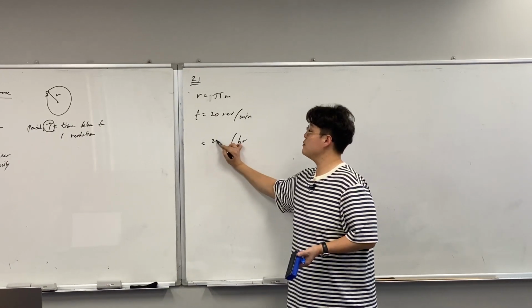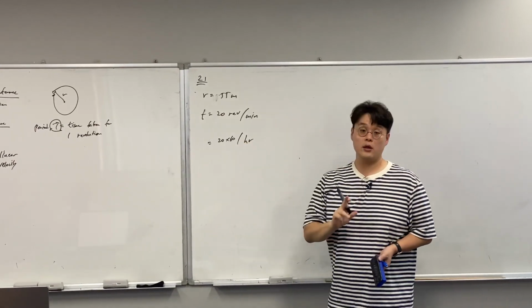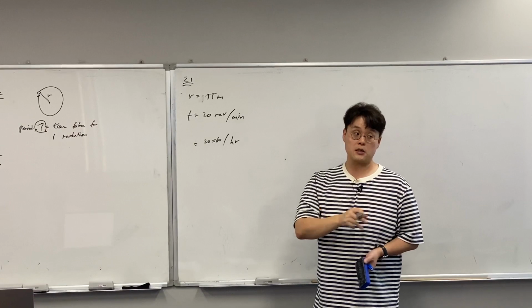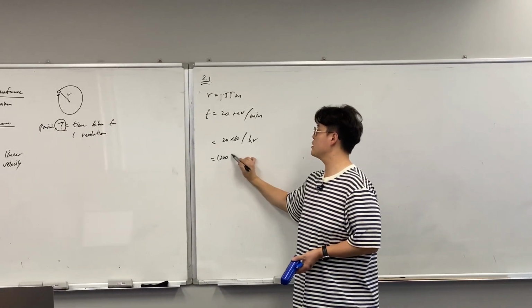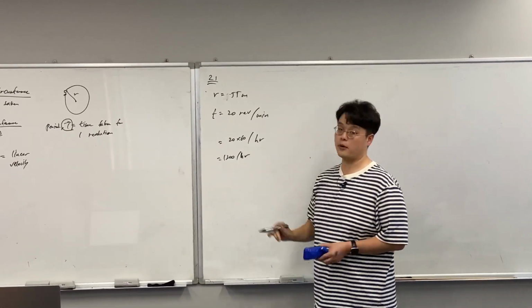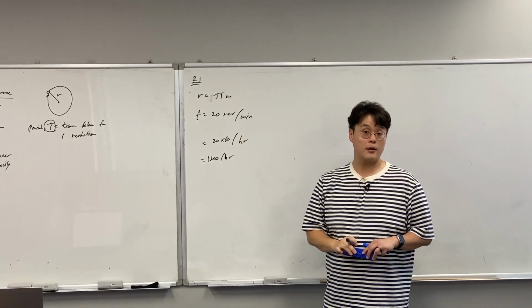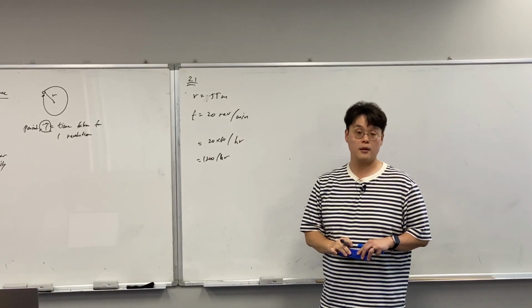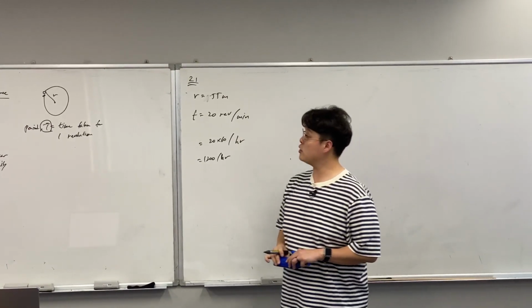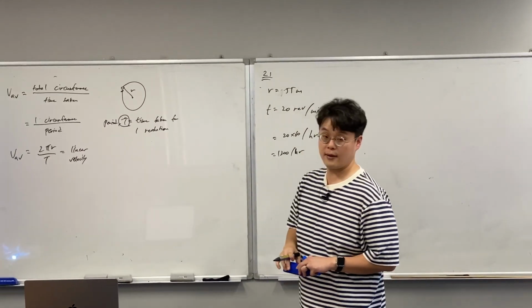Which is 20 times 60, because we know in 1 hour we have 60 minutes, which is 1,200 revolutions per hour. Why are we making it per hour? Because we have a unit of kilometers per hour there.